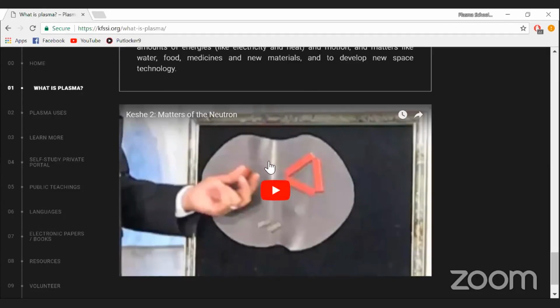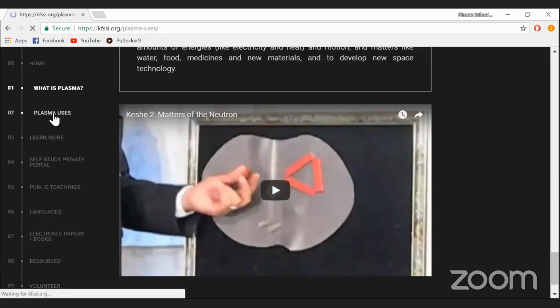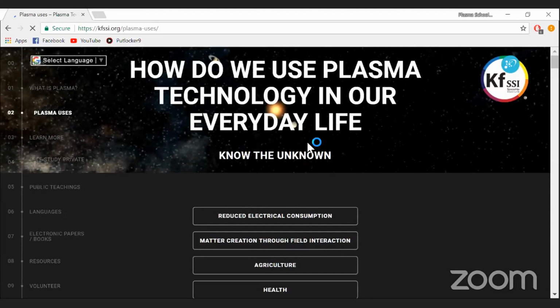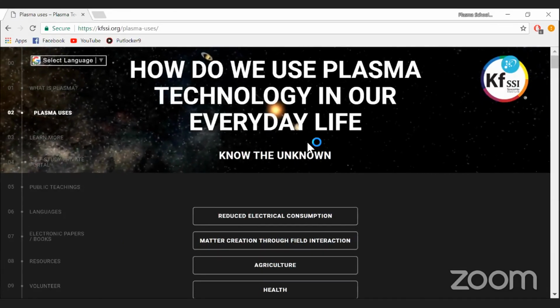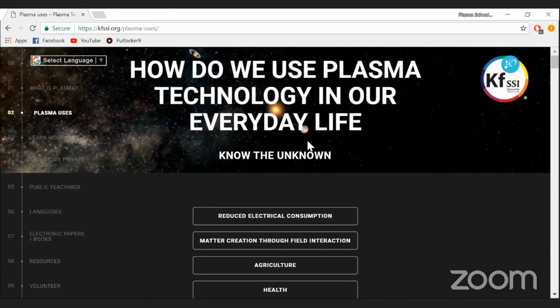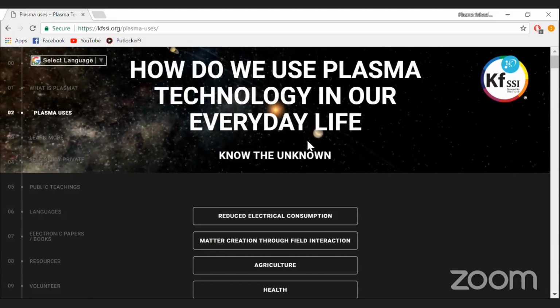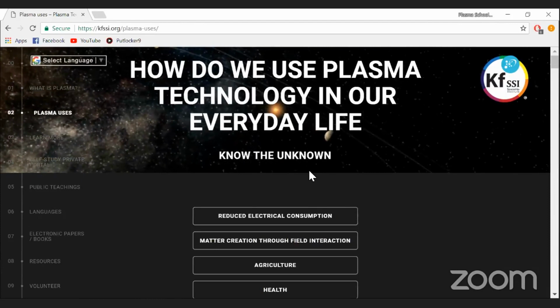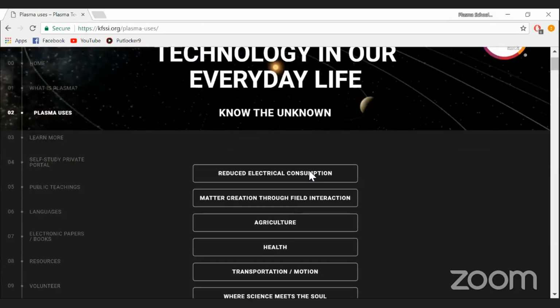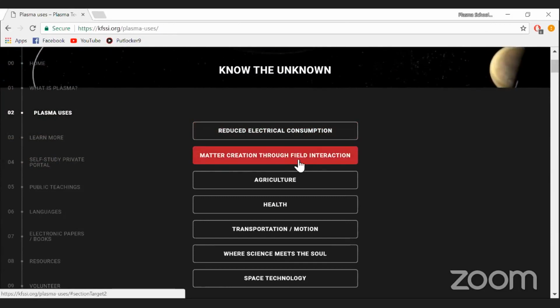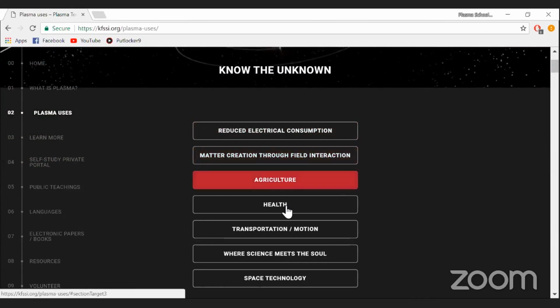And then if they're interested, we created the plasma uses, because as a lot of us always like to know, okay, well, that's all very nice to have this new science and technology, but how is it really going to affect me and my life? So down here, what we've done is we've just created certain topics: reduced electrical consumption, matter creation, agriculture, and health.